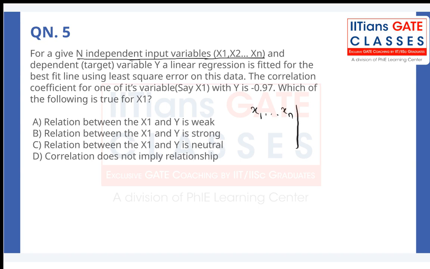And you have a dependent target variable y, and you are trying to fit a linear regression model to find the best fit line possible, using the least square error on this data, finding the residual and minimizing it. The correlation coefficient of one of its variables, let's say x1 with y, is minus 0.97. Which of the following is true for x1?